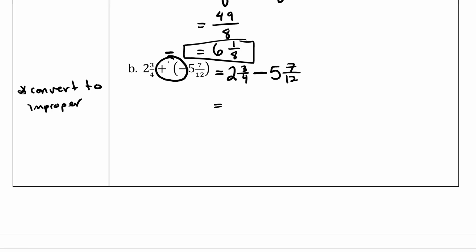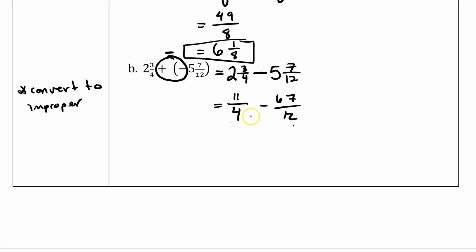If you want to ask me why, ask me in class. So let's change this to improper. We have 2 times 4, which is 8, plus 3 is 11 over 4, minus 5 times 12, which is 60, plus 7 is 67 over 12.